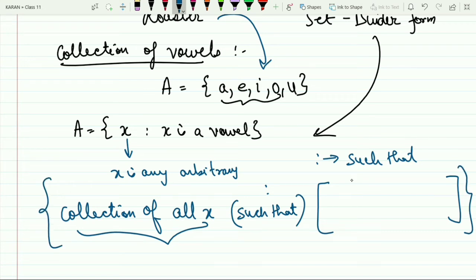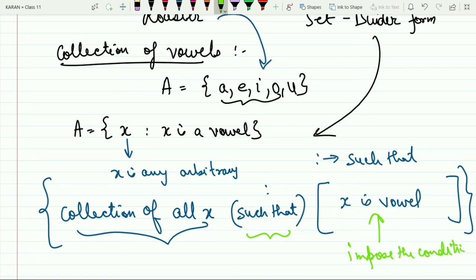What is the condition? That x is a vowel. Whenever you have to make the set builder form, there are basically three steps. The first step is the collection of all the x. Second will be "such that". In all these examples the two parts will be the same, and the last part will always change, because in the last part you have to impose the condition which is mentioned in the question. Fine with this?